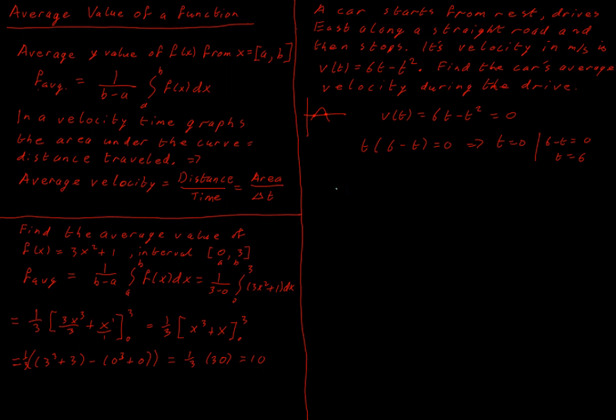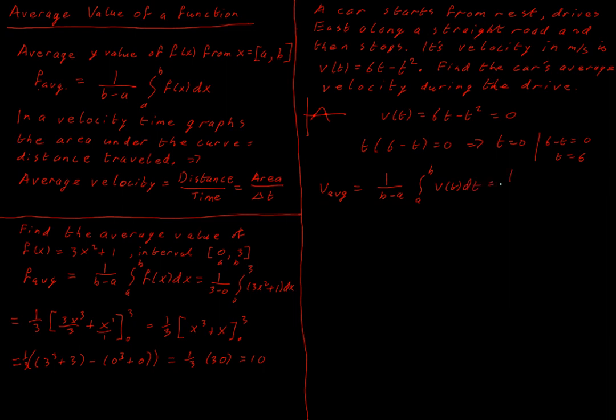And we are able to then get our average value. So our average velocity is going to be 1 over b minus a, the integral from a to b of v(t) dt.